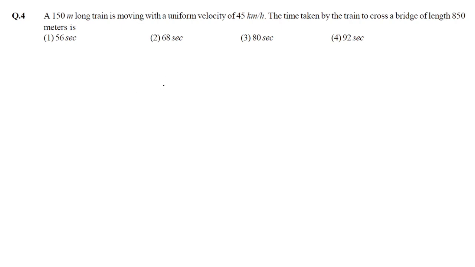So here the total distance to be covered by the train to cross the bridge is given by length of the train plus length of the bridge, which is equal to 150 plus 850. So totally 1000 meter distance the train should cover.